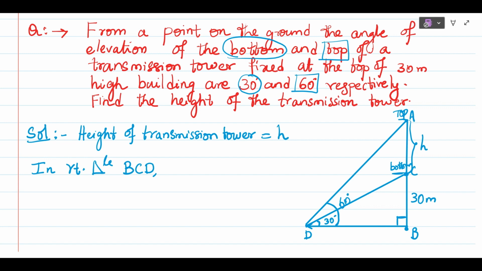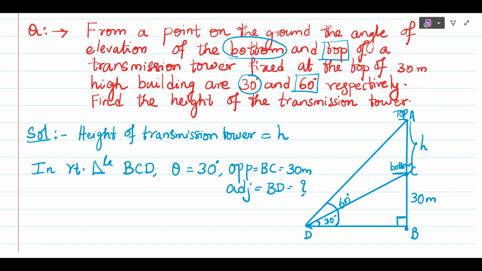So what is the angle here in triangle BCD? Let us take theta is equal to 30 degrees. So if theta is 30 degrees, the opposite side is BC, that is equal to 30 meters. Now we have to find the adjacent side. What is the adjacent side here? BD. This one we have to find, students.